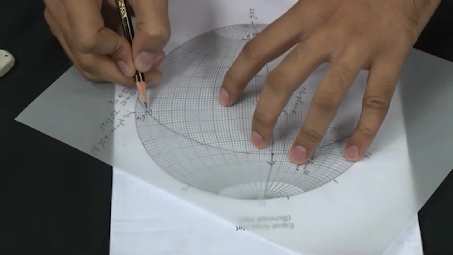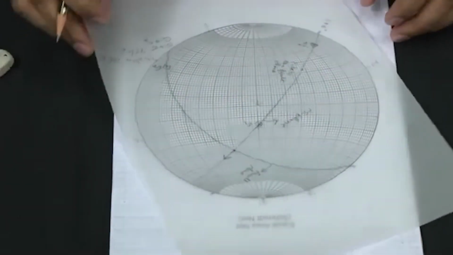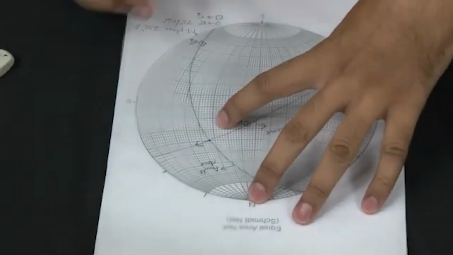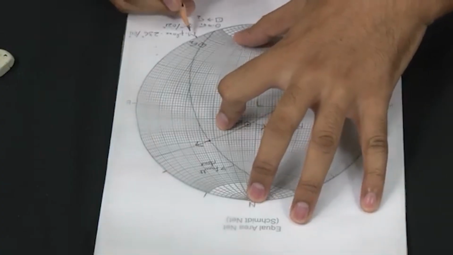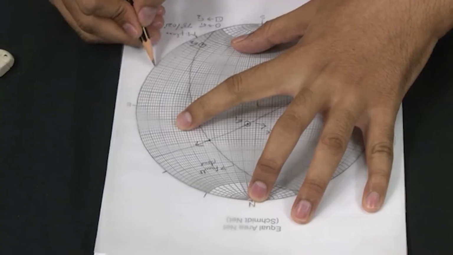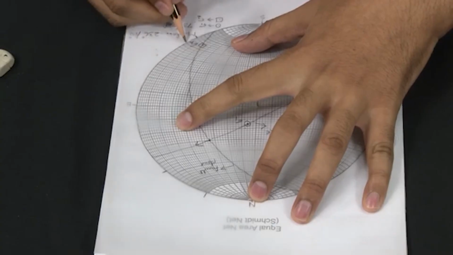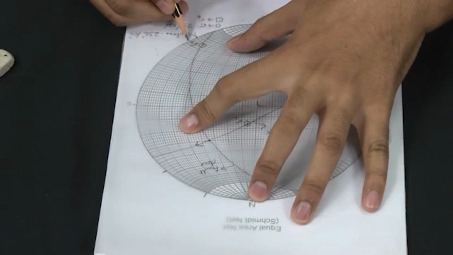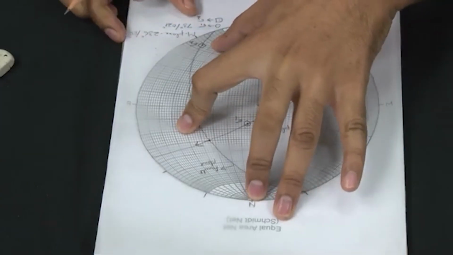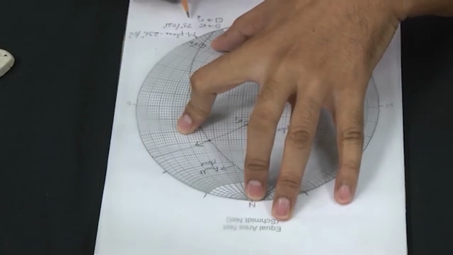So, the plunge is 11 degrees and the trend is 146 degrees.